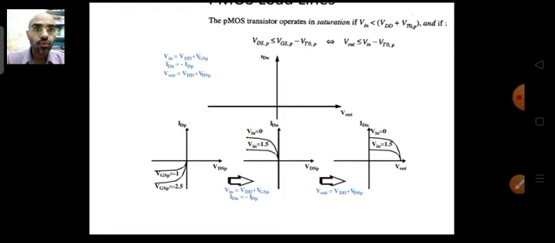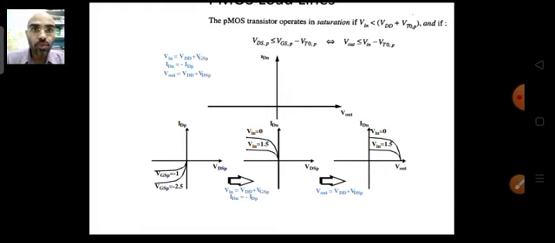These are the equations for your PMOS. As you know, your PMOS will operate in the saturation region if your input voltage is less than VDD plus VTP, and simultaneously VDSP is less than VGSP minus VTP.